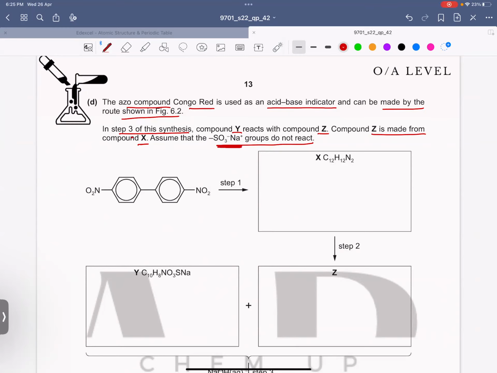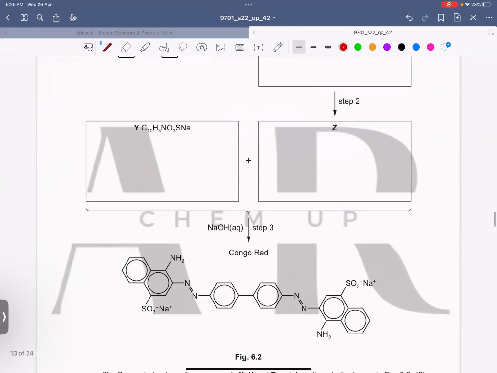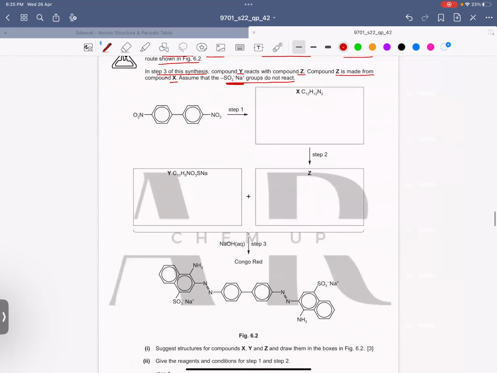If you look at the whole scheme, these bonds indicate that the coupling reaction took place and a dye is formed. At Y, you are observing the sulfur and sodium, which clearly indicates that Y is this compound.